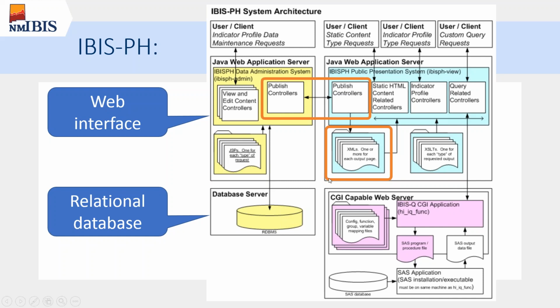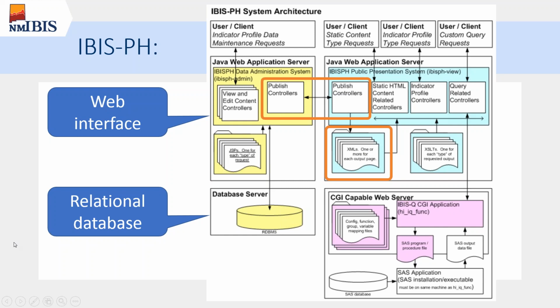So these XML files sit over here on that server, in the view application. When you publish an indicator, it goes from the database, IBIS Admin formats it, it actually tells the view application to request it, and then it provides it, and it gets saved on the view application.